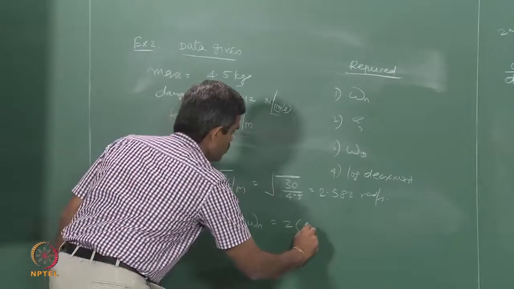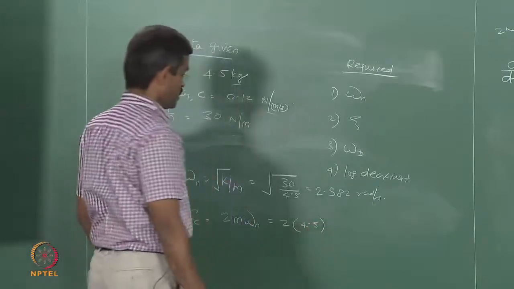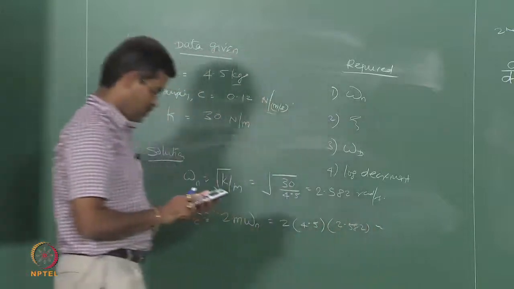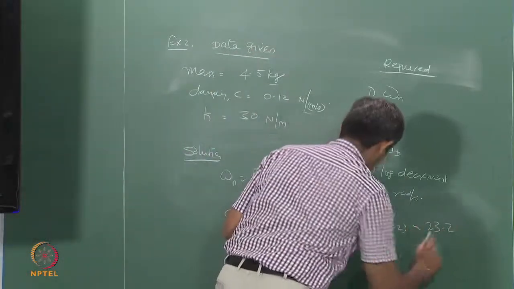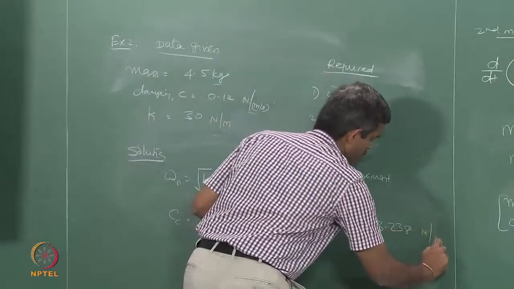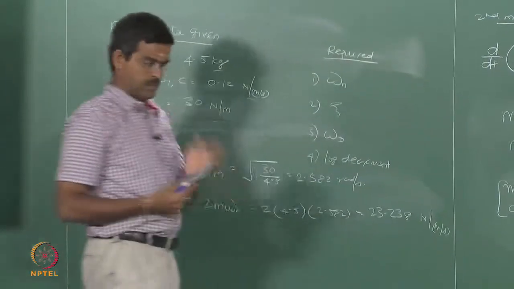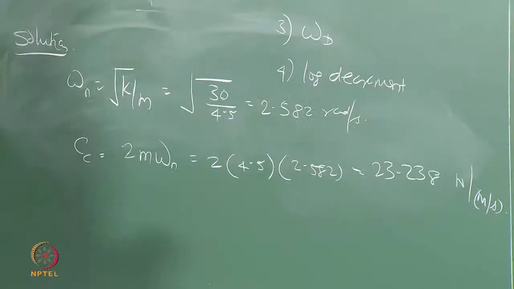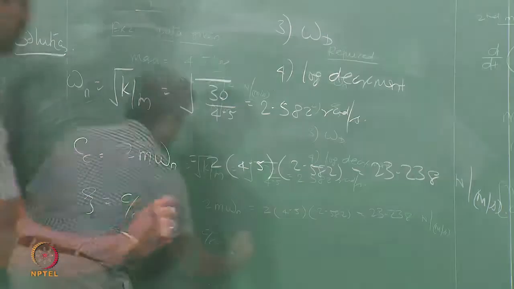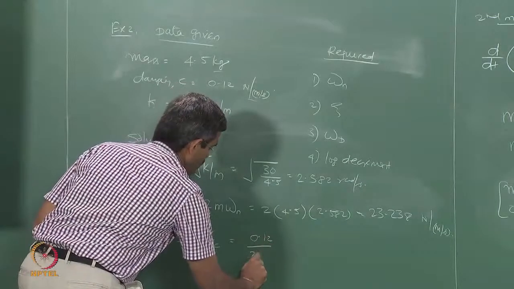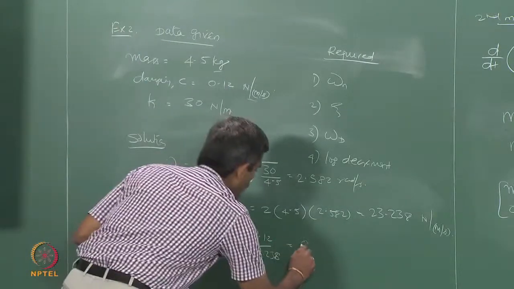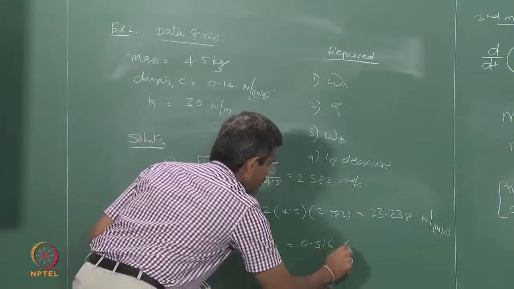So, 2, 4.5 and omega n is just now known 2.582, 23.238 Newton per meter per second. Now, I can find zeta, which is the ratio of C over Cc, which is 0.12 by 23.238, 0.516%.